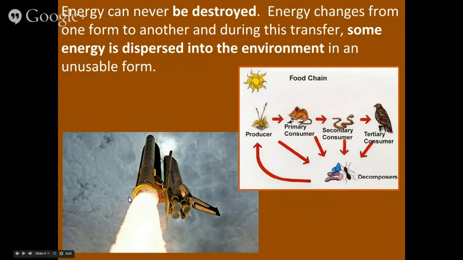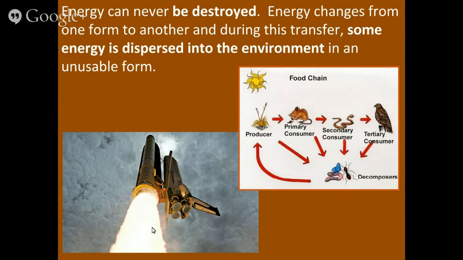For example, all fuels like fossil fuels, oil, gas, in this case rocket fuel. When you light it on fire in a combustion reaction, you get a lot of energy out of it. We get enough energy to lift this rocket into the outside of the atmosphere. However, that combustion reaction releases energy and changes that energy into an unusable form.